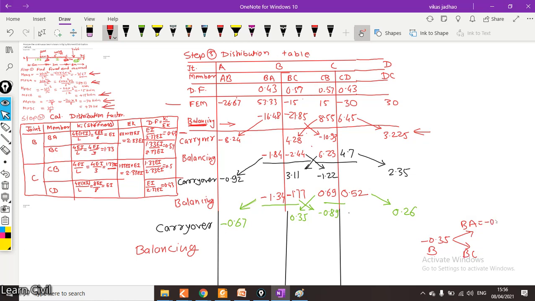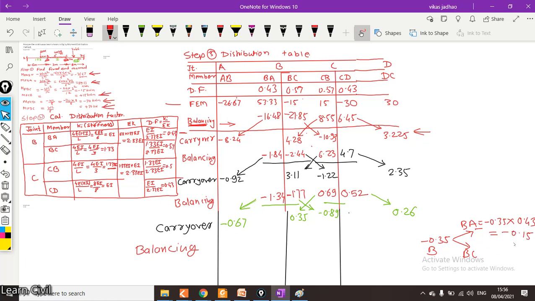Minus 0.35 into the distribution factor for BA, 0.43, equals minus 0.15.